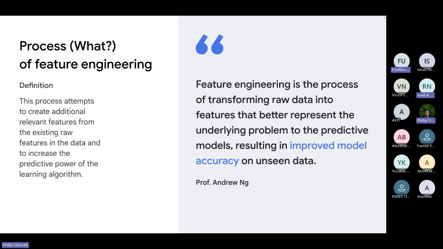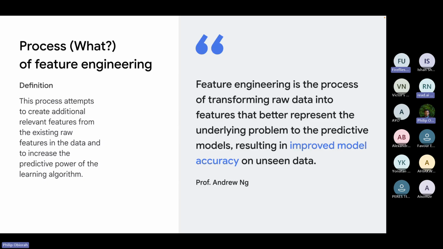So your primary goal should be having better features. All right, so that's why feature engineering is important. So you'll be looking at transforming raw data to better features.